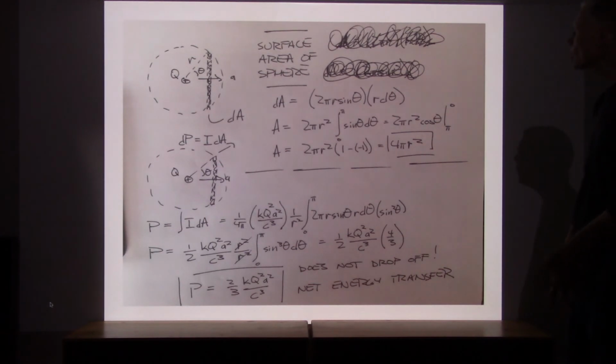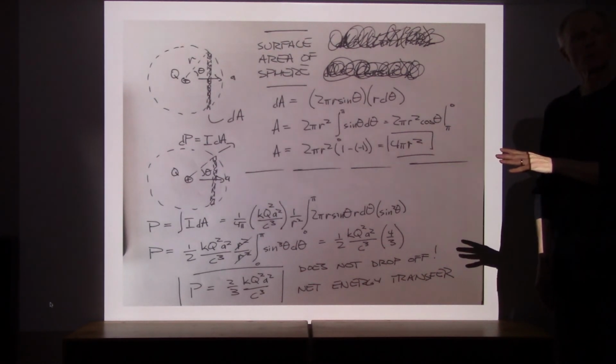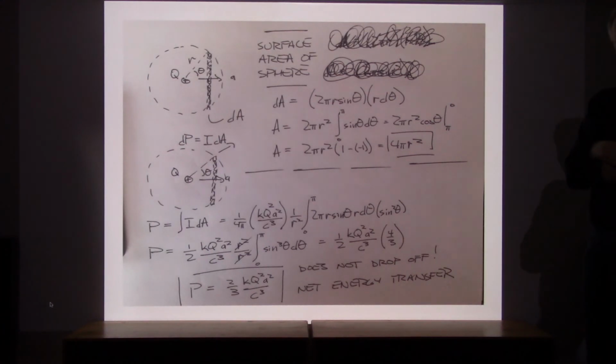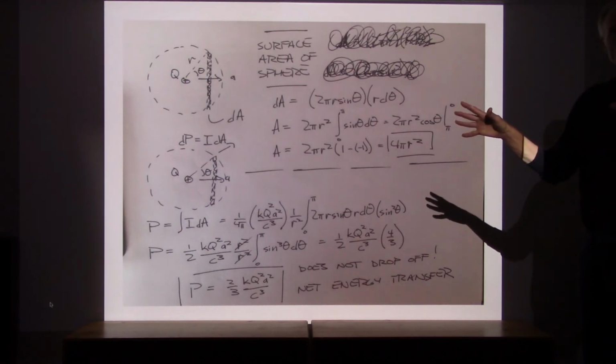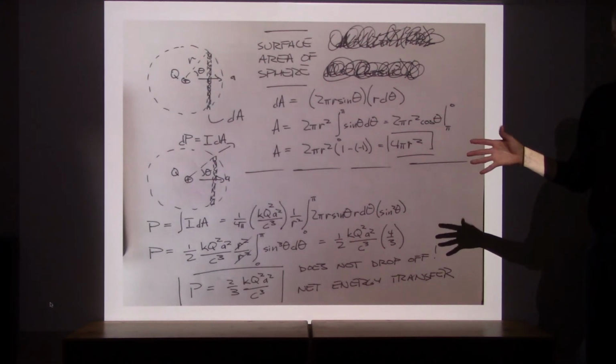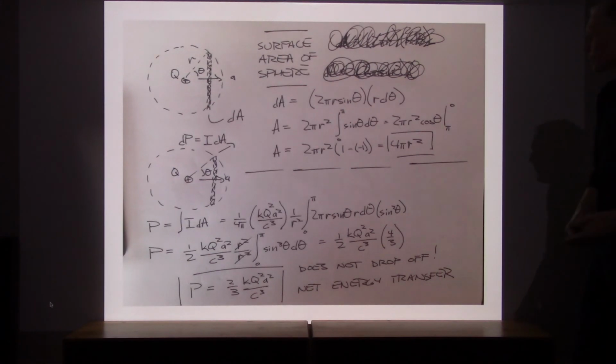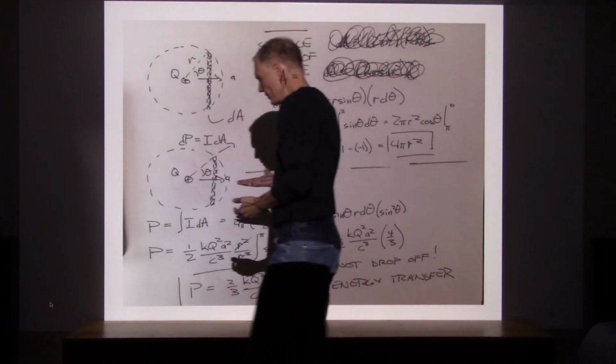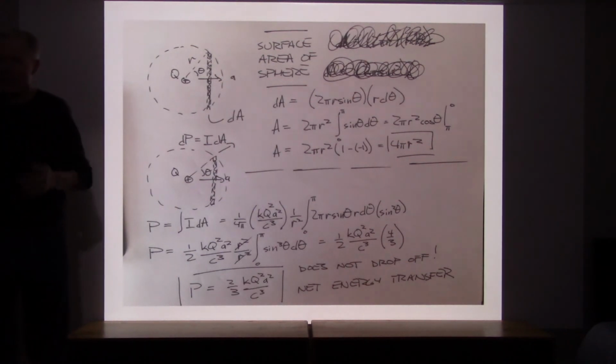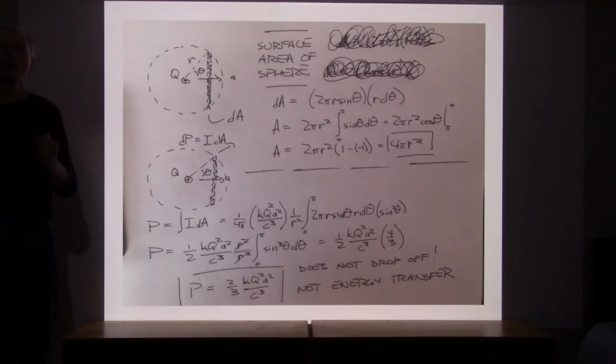Now, could we do the same thing with the velocity field? So this is specifically the acceleration fields that we're taking a look at here. What if it was the velocity fields instead? If it were the velocity fields, would we have a consistent flow of energy away from a charge that's moving at a constant velocity? What we saw with the velocity fields is that the energy densities dropped off like 1 over r to the 4th, not r squared.